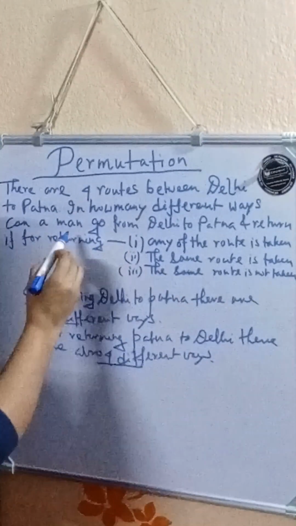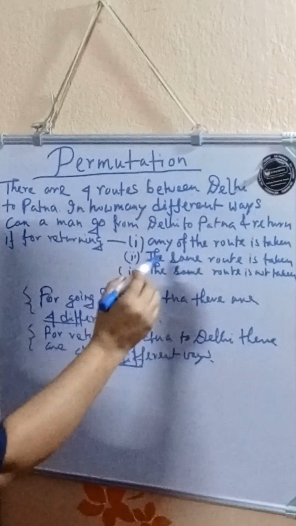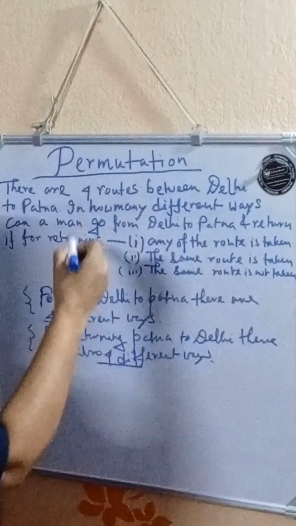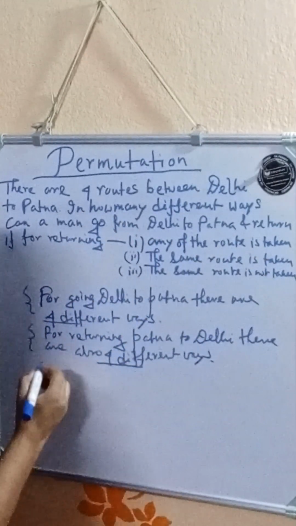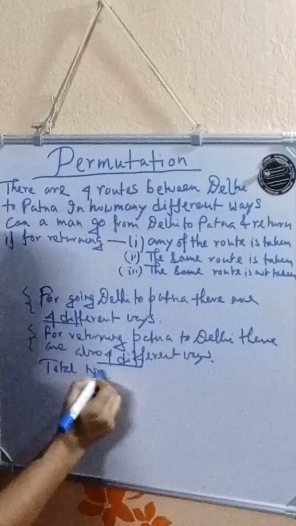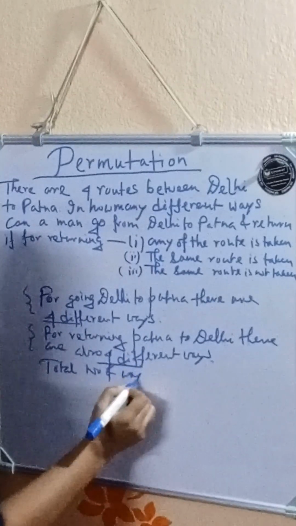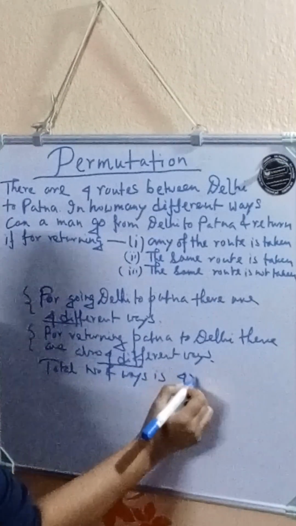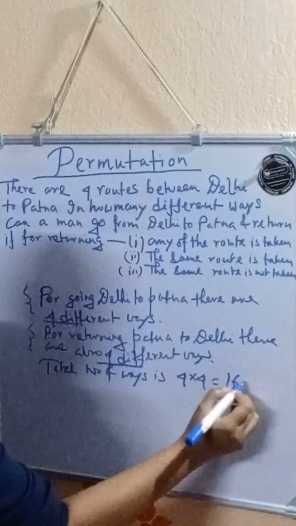Therefore, if we choose any route for returning from Patna to Delhi, the total number of ways is 4 into 4 equals 16 ways.